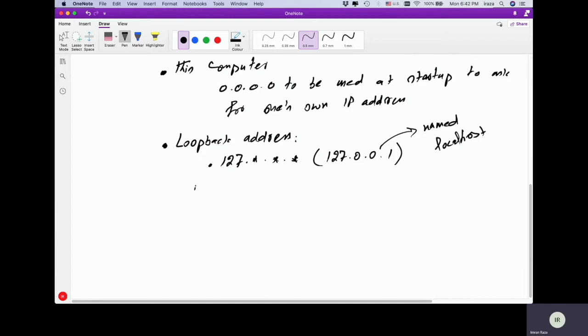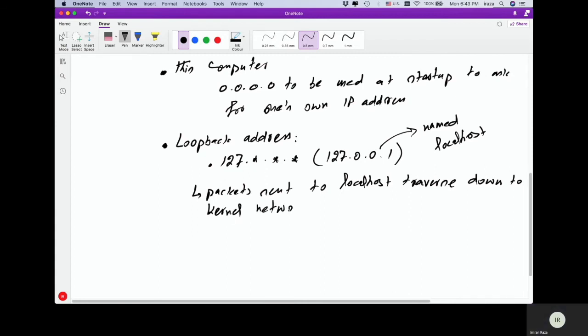So this means when packets are sent to localhost or 127.0.0.1, they traverse down to the kernel networking code, and again back up to the network application, without traversing the network.